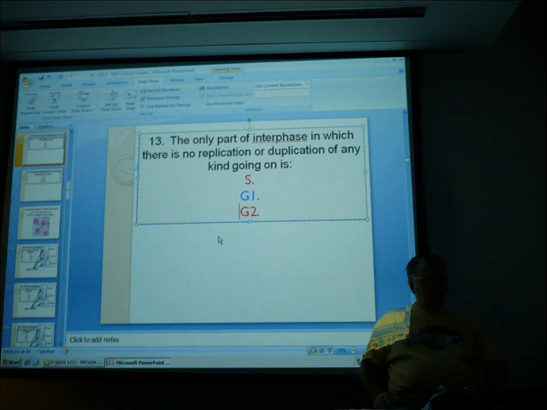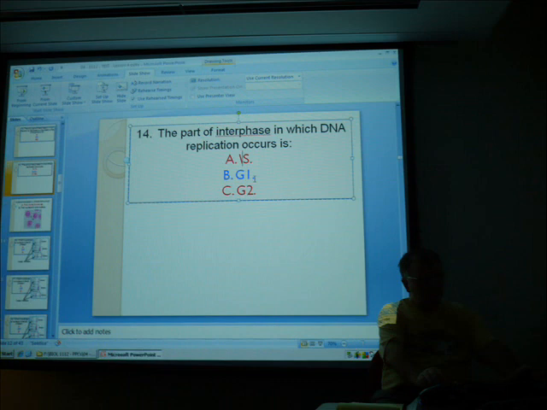Because in S you're making more DNA, and in G2 you're making more organelles. When you find DNA being replicated, it's called synthesis. It's the S phase.